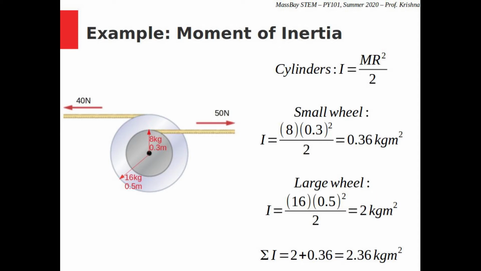Then the moment of inertia of the smaller wheel around its center is given by this equation. We saw the standardized moment of inertia equations for different shapes in the last video. We can work out that the moment of inertia is 0.36 kilogram meters squared for the smaller wheel and 2 kilogram meters squared for the larger wheel.